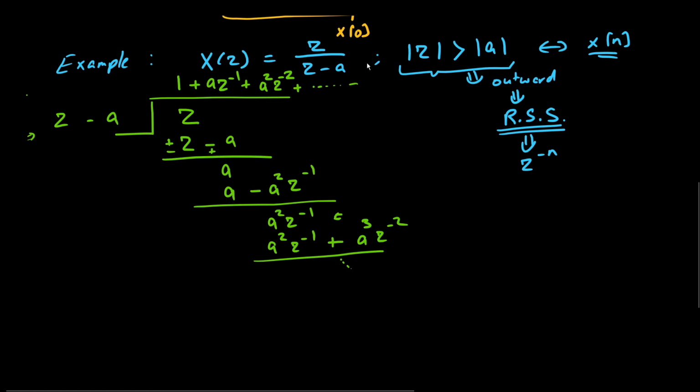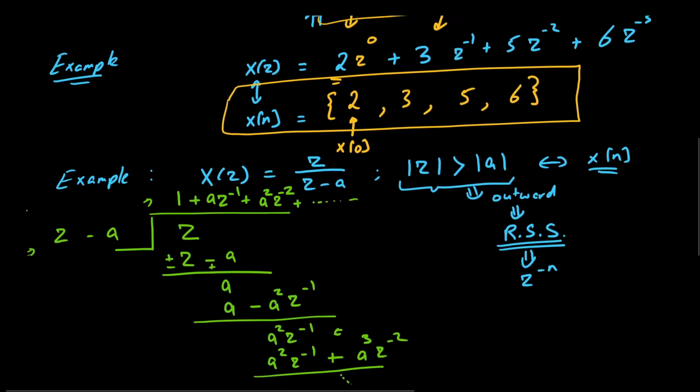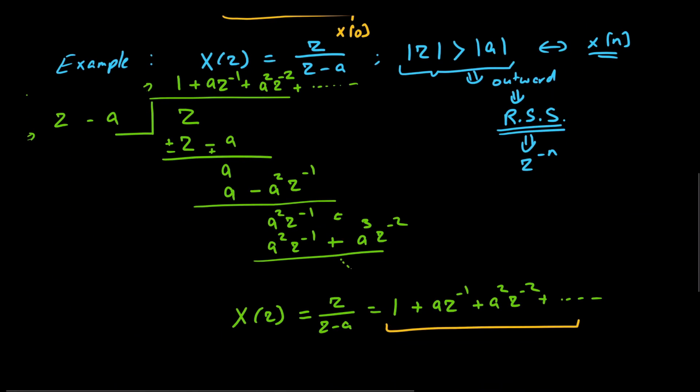Hence we can say that X(z) is simply z over z minus a, which is nothing but 1 plus a z^-1 plus a^2 z^-2 plus so on. Now comparing this with the standard formulation shown over here, it is a right-sided sequence. So x(0) z raised to power 0, x(1) z raised to power minus 1. So this is now again appearing over here.